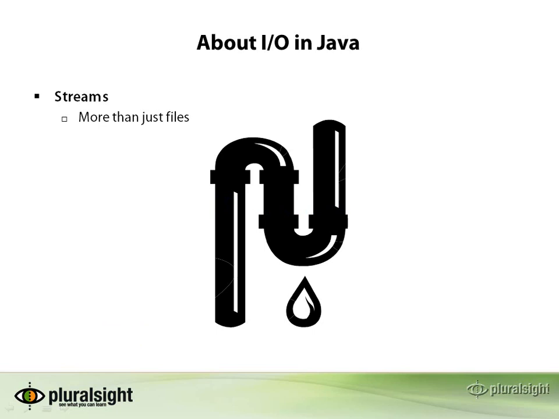But the basic idea is this abstract concept of a stream or a pipe that allows you to read from an input stream or write to an output stream. And having that basic understanding of streams in Java is essential to understand how I/O works, because I/O is based off of this concept of streams.